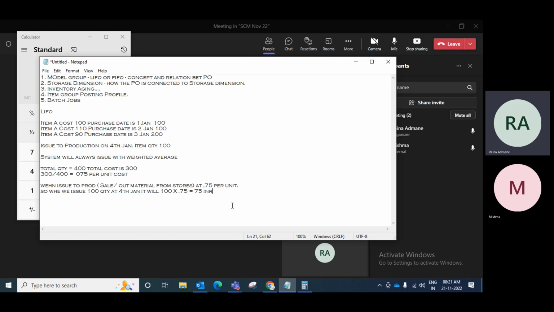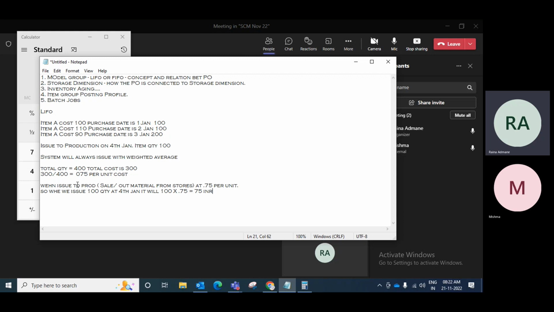At the end of the month, or whenever you do the inventory costing, that is called inventory costing or inventory closing. When you do the inventory closing, what steps are involved? You have to reevaluate the costing. When you do the revaluation, the system will check all these issues and all these purchases, and as per the LIFO method, the system will recalculate the cost.